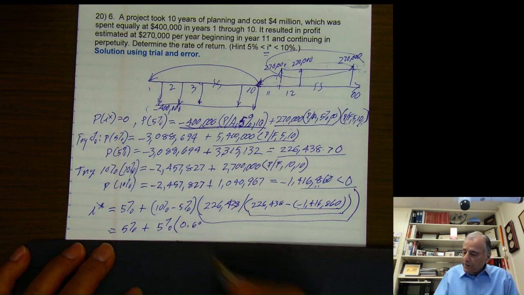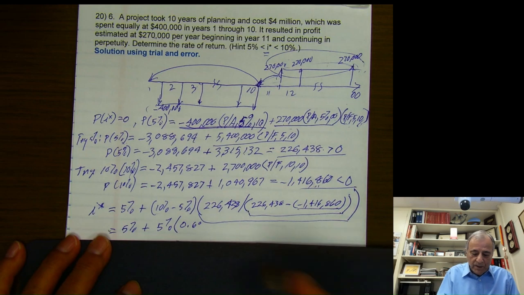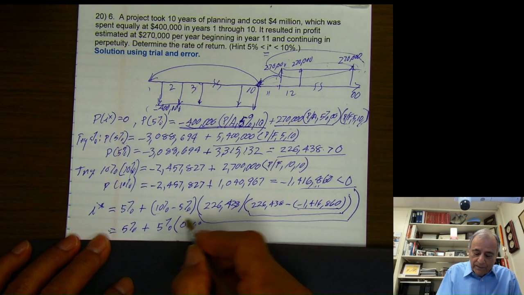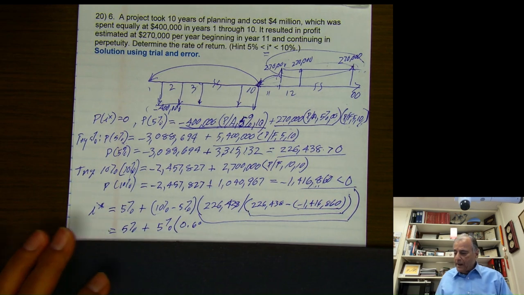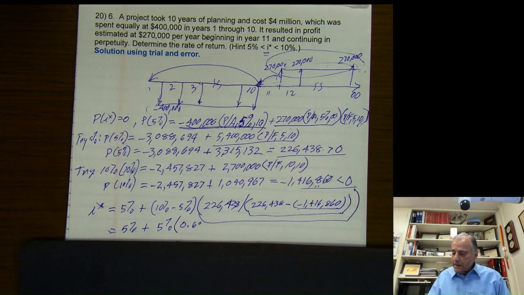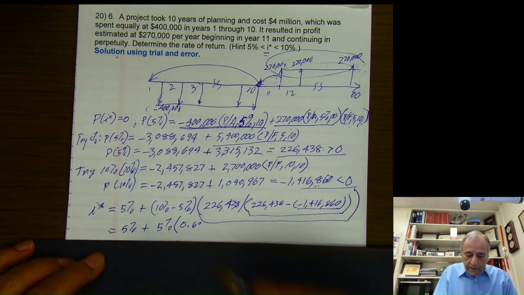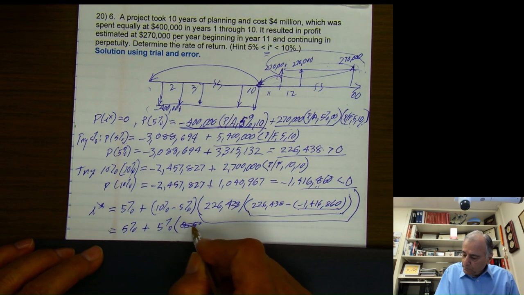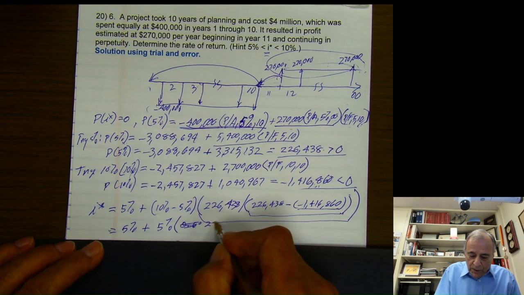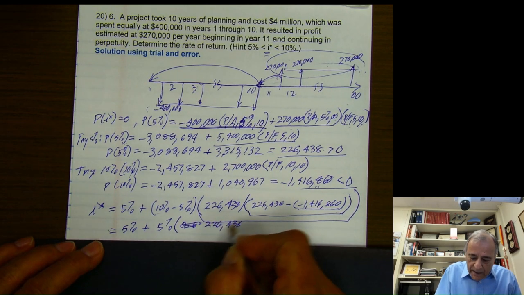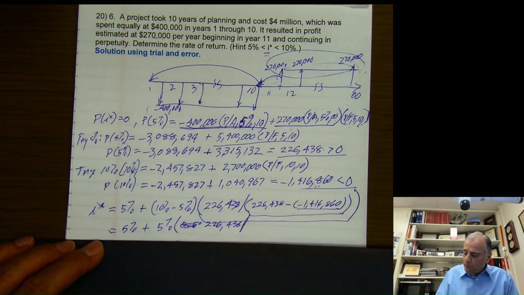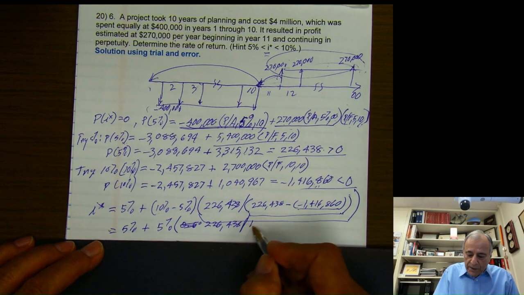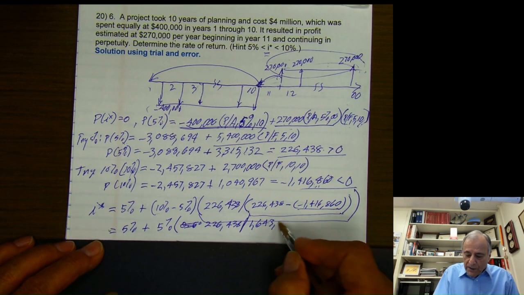0.69. Oh, I'm sorry, it's not 0.69. It's some number, I'm not sure what that ratio is. Well, let's work it. This would be 226,438 divided by, this was 1,643,298.